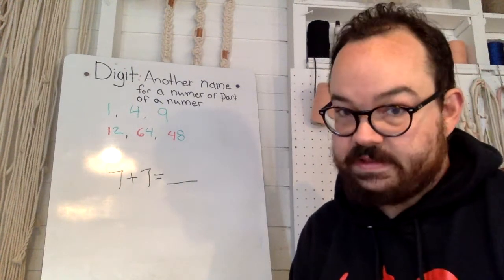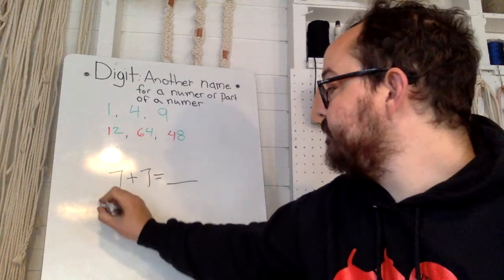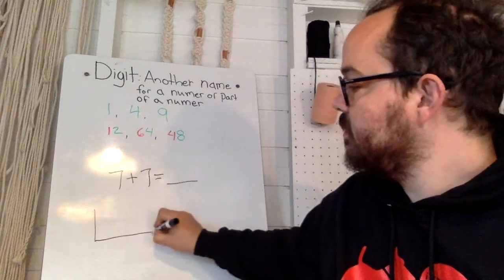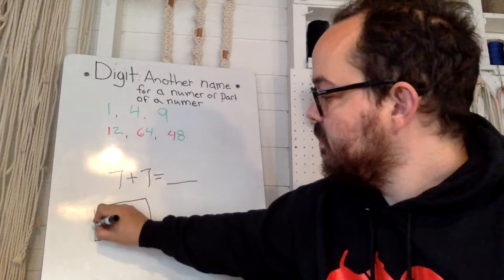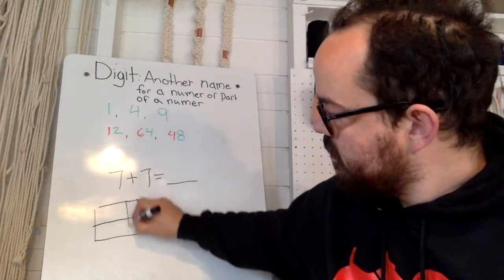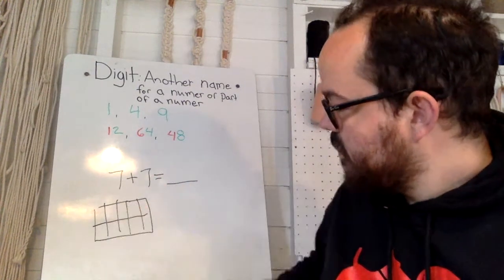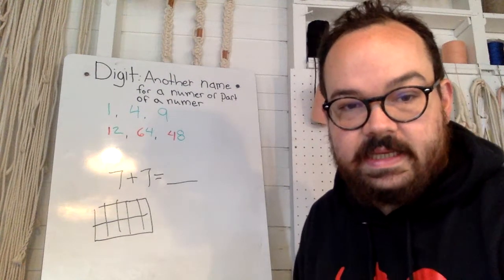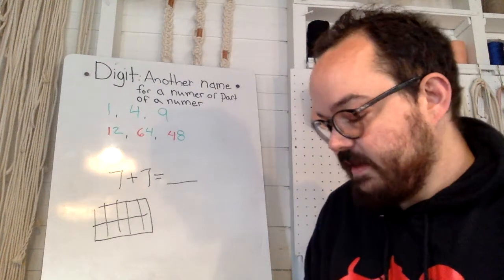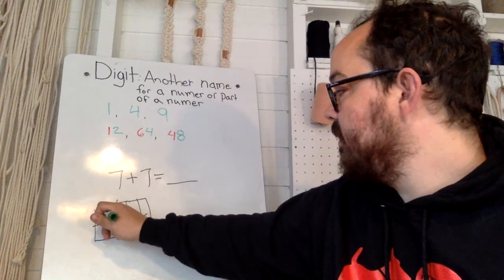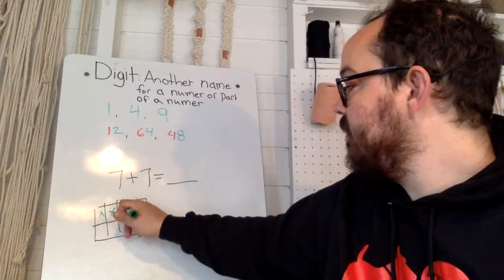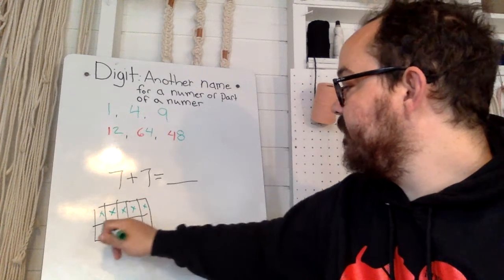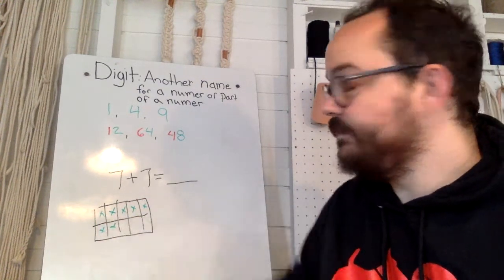So I'm going to start with a 10 frame, and I'm going to color in 7. And so I know I've got 7. 1, 2, 3, 4, 5, 6, 7.